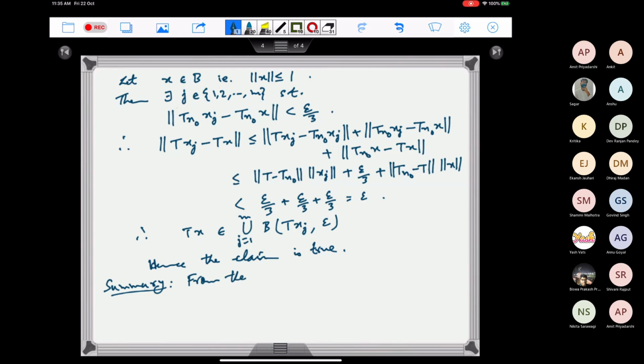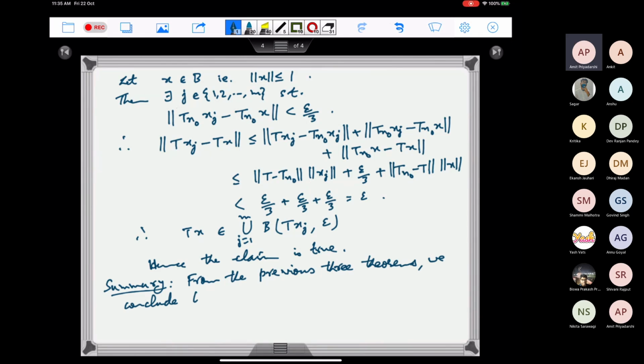From the previous three theorems, we can write it as one result.